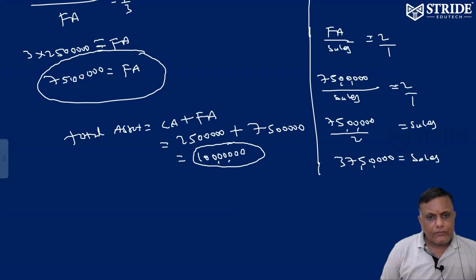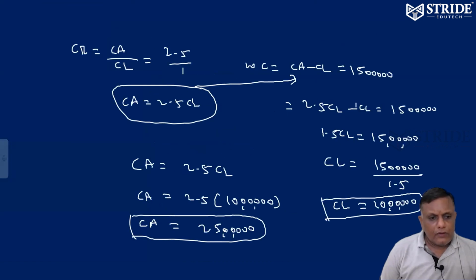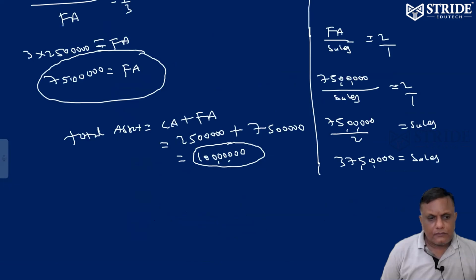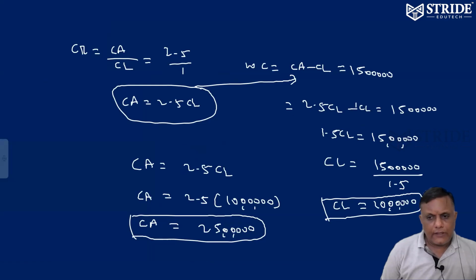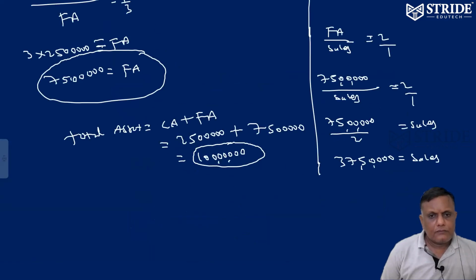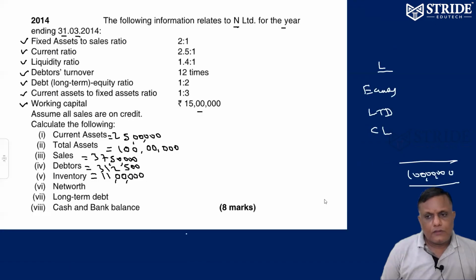Out of this, what is current liability? 10 lakhs. So balance is equity and long-term debt. Equity and long-term debt are related by 1:2 ratio.